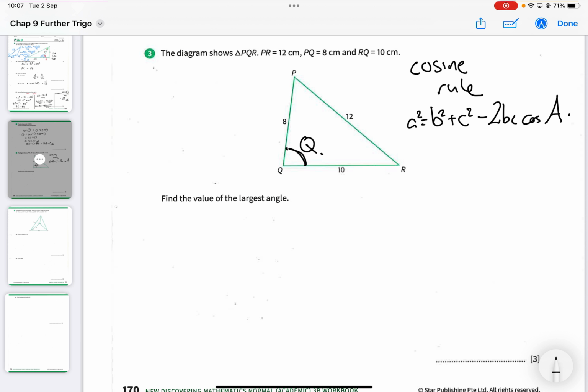My a and A must be opposite each other. If I am finding angle Q, my a must be 12, because 12 is opposite angle Q. So my positioning is I put my 12 on this side, and I put 8 square and 10 square on the other side.